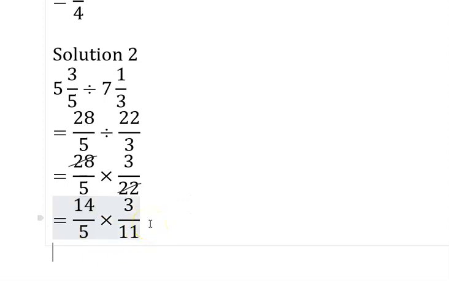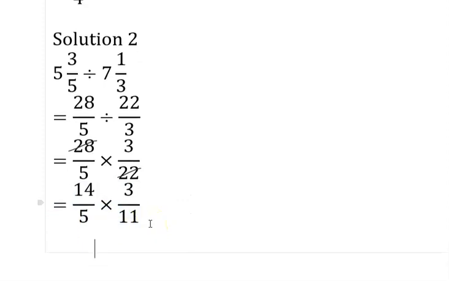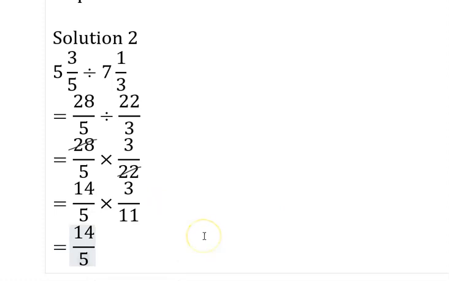Once there is no number that can cut again, that's what you are going to do. So 14 times 3 will give us what? That's 42. Correct.